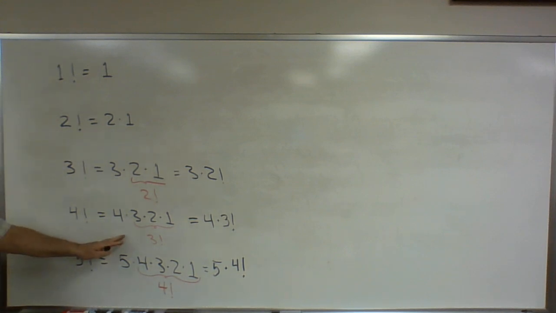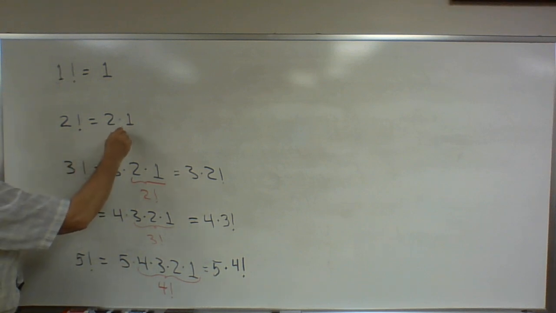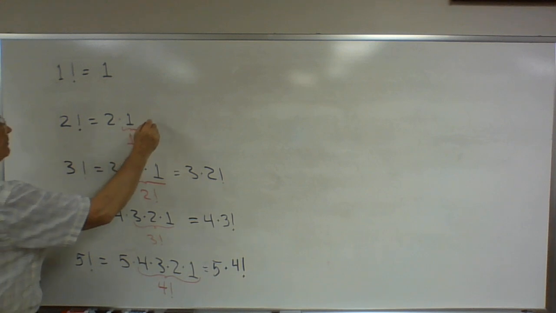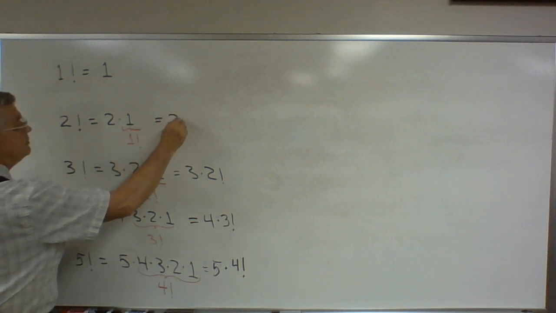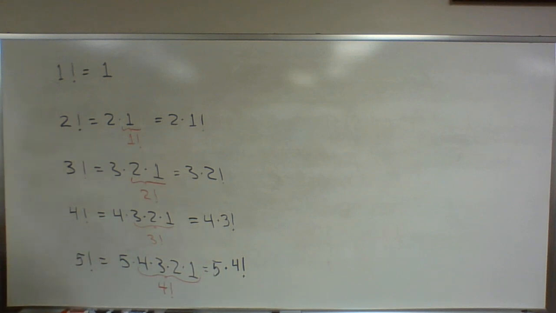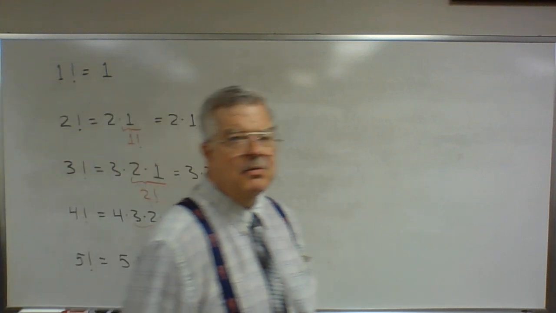And if we extend this pattern backward, we'll look at this 1 and say, that's 1 factorial. So 2 factorial is equal to 2 times 1 factorial. Can we do anything here? Believe it or not, we can.